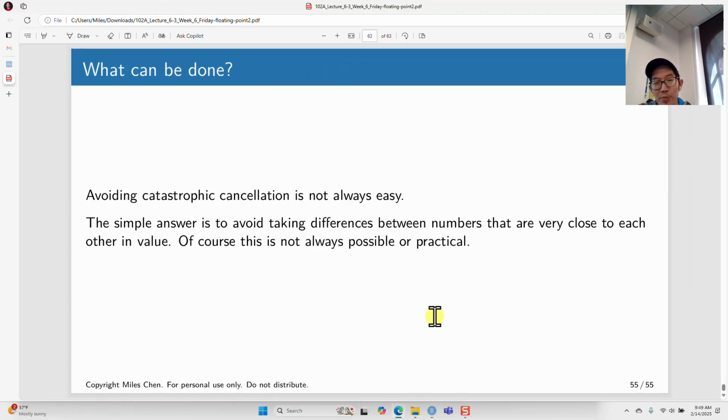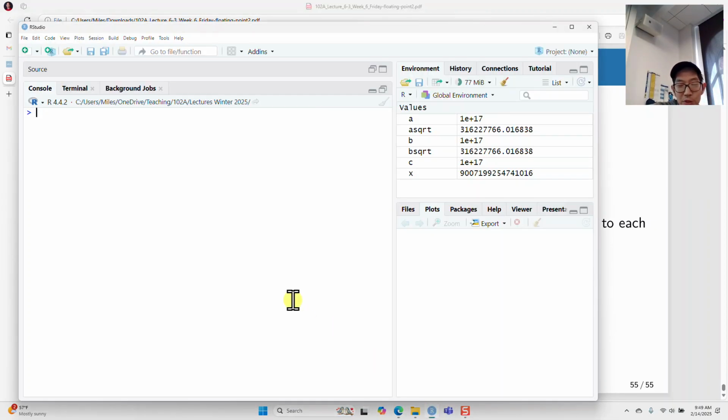And the same kind of thing happens with the computer. So let's say A is 10 to the 17 plus 100, and B is going to be 10 to the 17 plus 200.